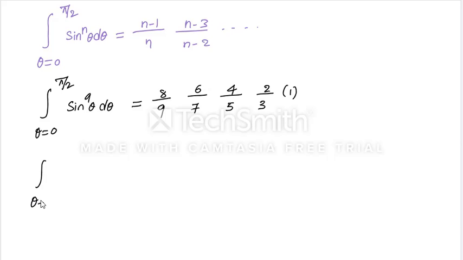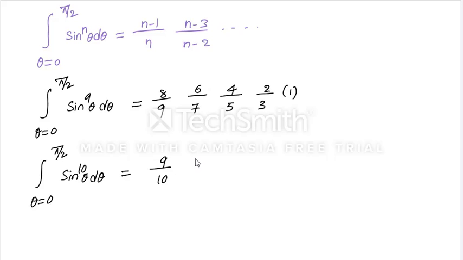If theta limits are 0 to pi by 2, and tell me sine power 10 theta d theta, this expansion is 9 by 10.